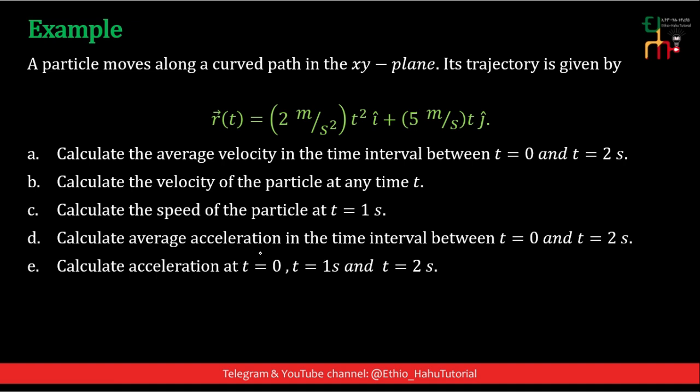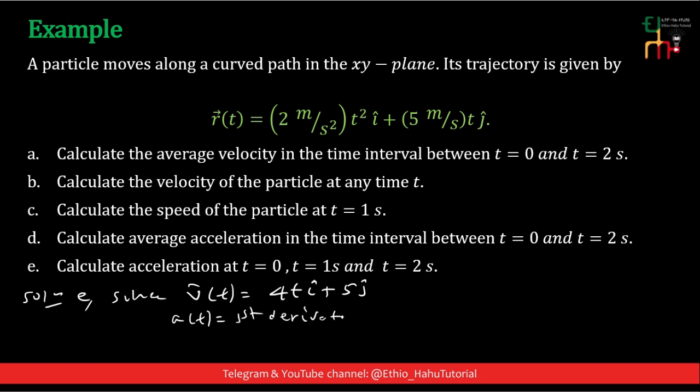Calculate the acceleration at t is equal to 0, at t is equal to 1, and at t is equal to 2 seconds. Solution. Since again, v of t is equal to 4t i plus 5 j as found in b. Instantaneous acceleration: acceleration at any instant of time is again the first derivative of v of t. This is equal to the derivative of this.